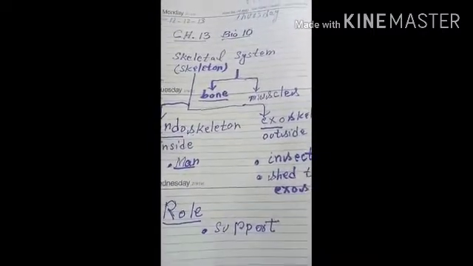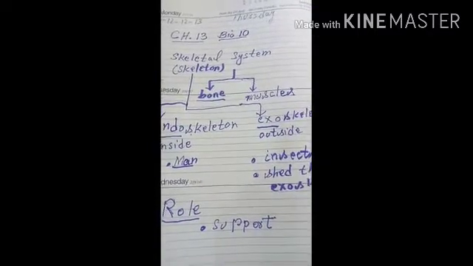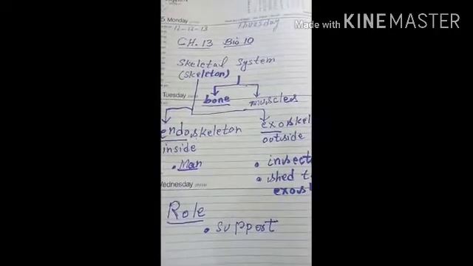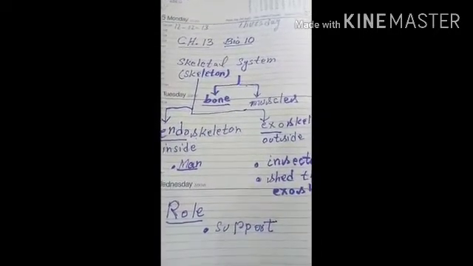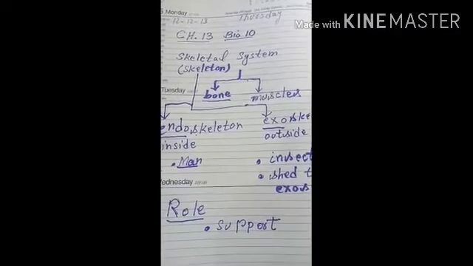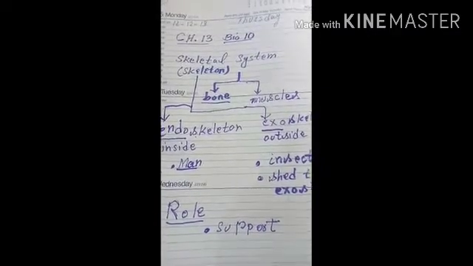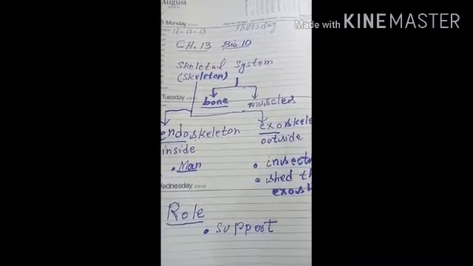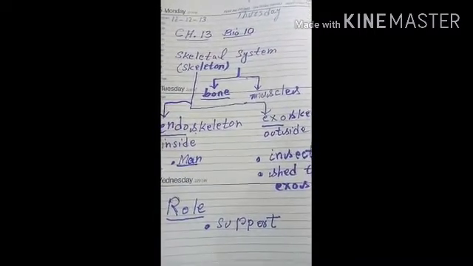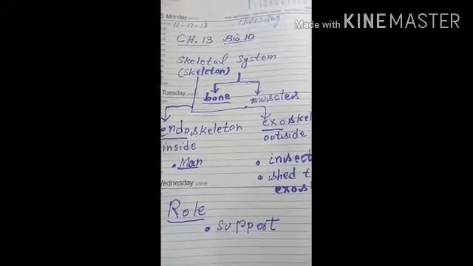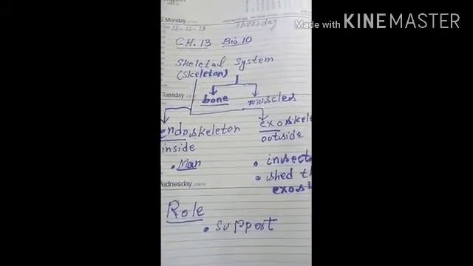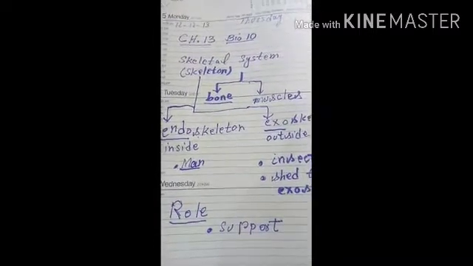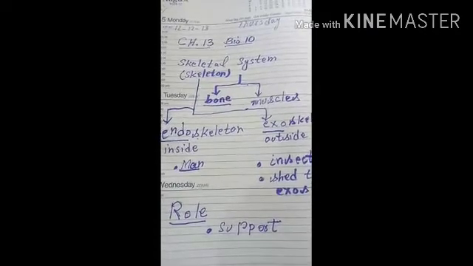Our heart, our liver, and our lungs are supported by the bones of the rib cage. Our brain is supported by our skull, and many viscera, including stomach and intestines, are supported by the vertebral column or backbone.